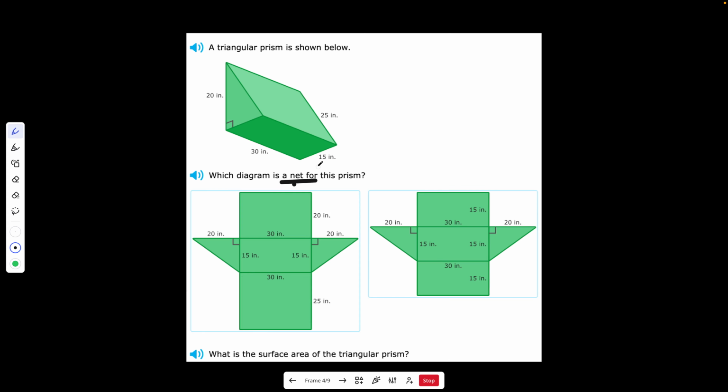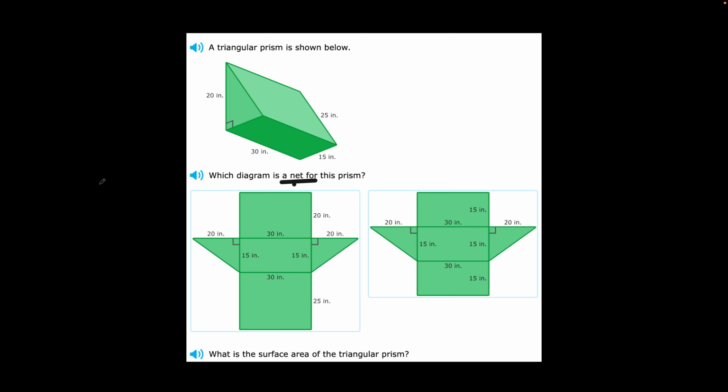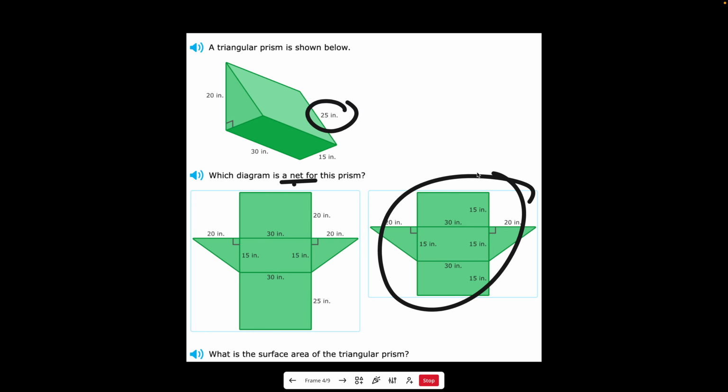You have to pay attention here, because the only real difference between these two net diagrams is that in the original prism, it has a 25-inch length on one of the sides. And you'll notice that in this picture here, there is no 25-inch length, so this cannot be the right answer. Here's the 25-inch in the correct place, so this is the correct net.